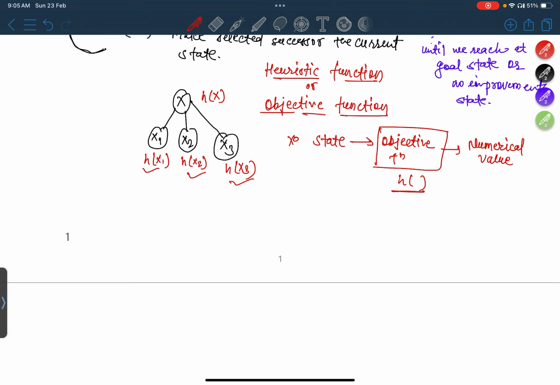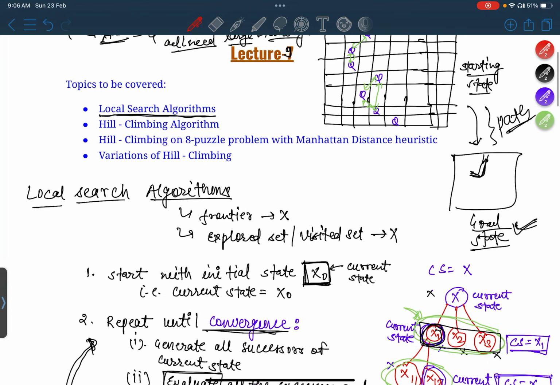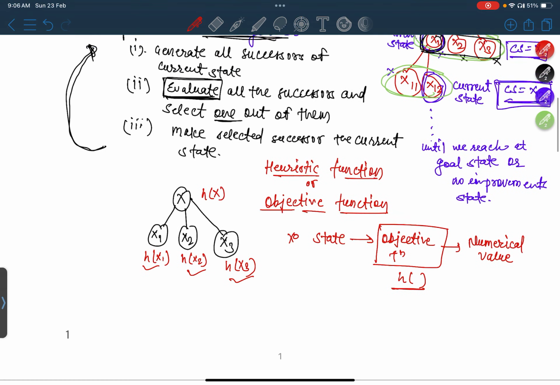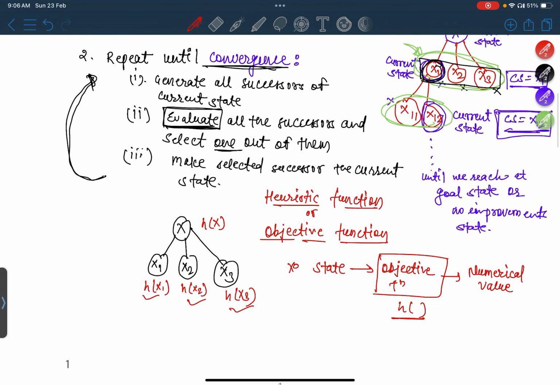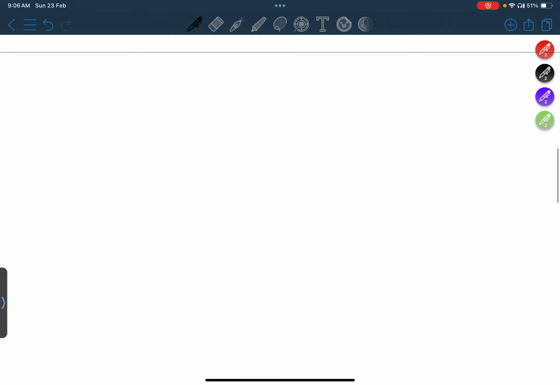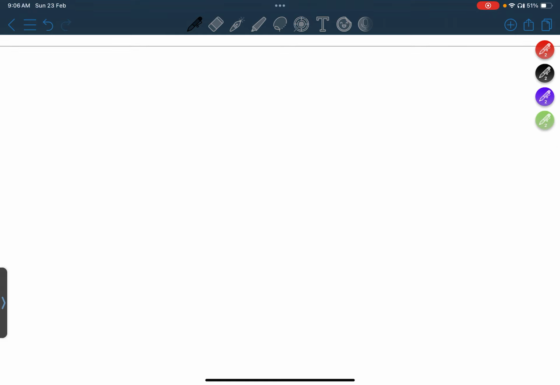So this is how our local search algorithms work. Okay. So now that we know about the general search algorithms, let's take an example of a particular local search method and discuss all these concepts regarding it. Let's take an example of a local search algorithm called hill climbing.